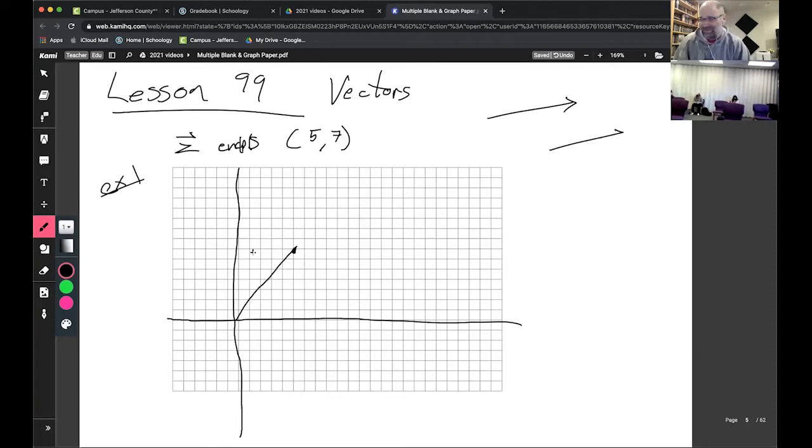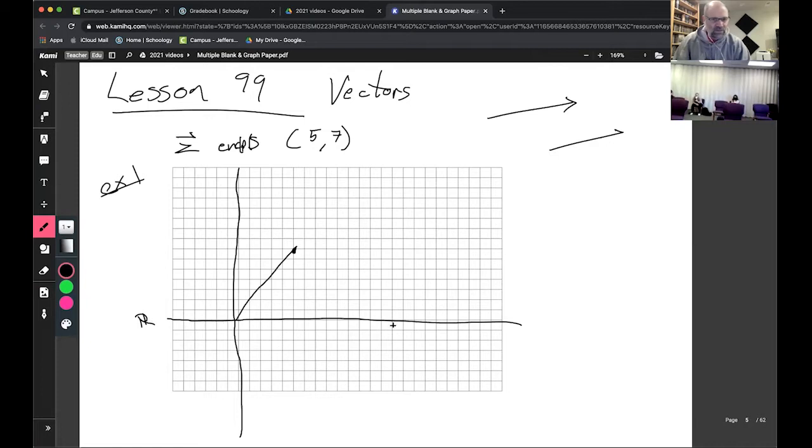So the directions say to graph it on the Cartesian and complex planes. So this is the Cartesian plane. So you can label this, you know, normally. But if we were graphing on the complex plane, and some of you know this, these are the real numbers.